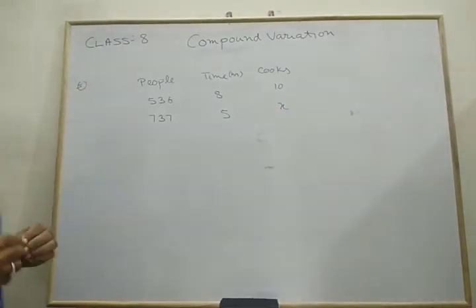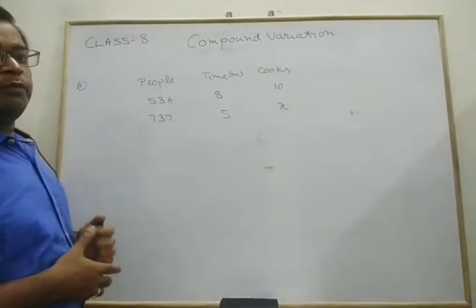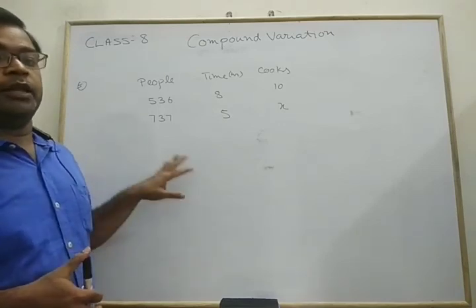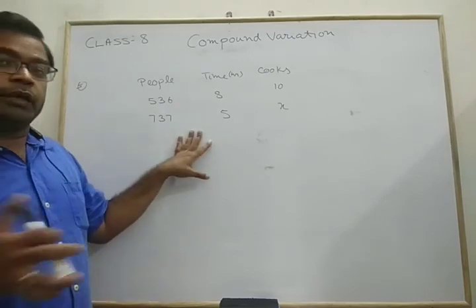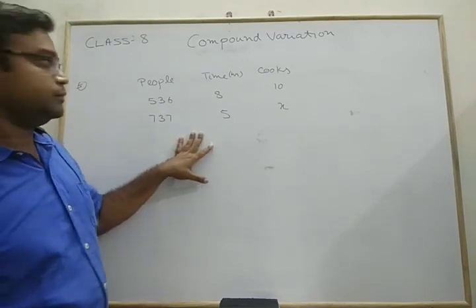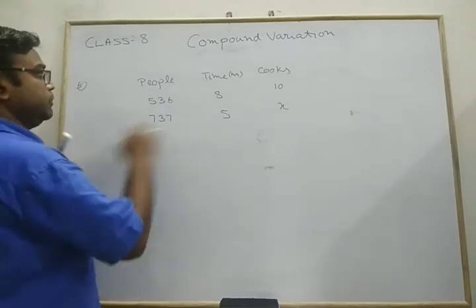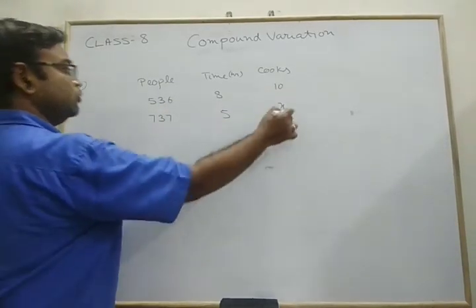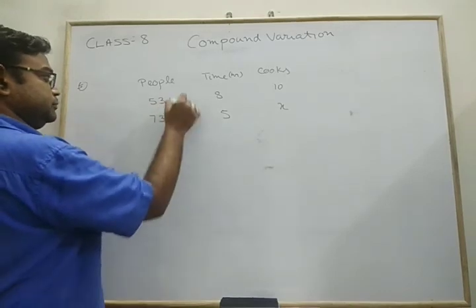Now plotting the arrow is half the work of this method. If you are able to plot the arrow properly, you solve half. See, for 536 people, 10 cooks required. More people, more cooks required. This is direct variation.